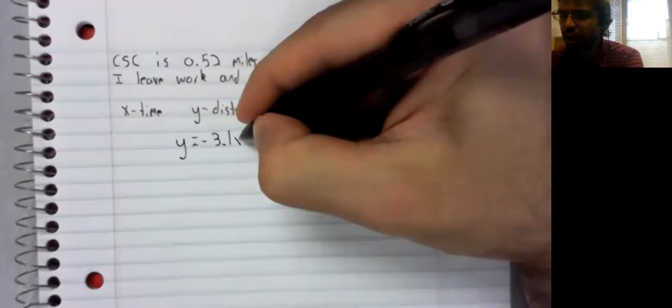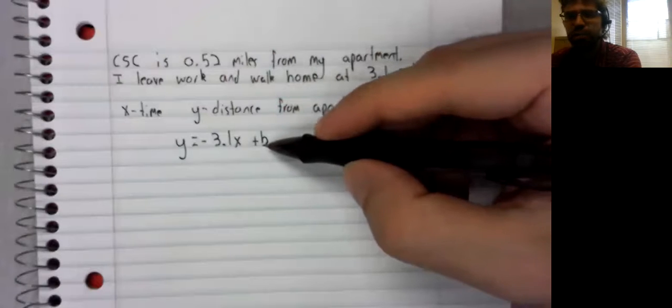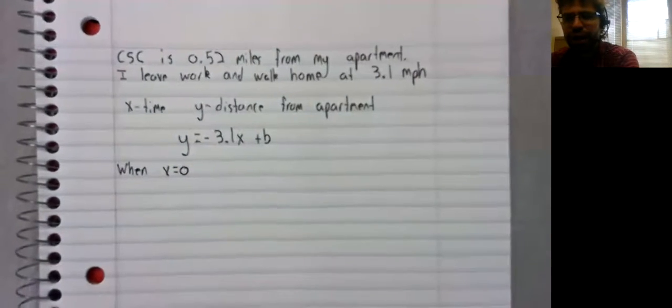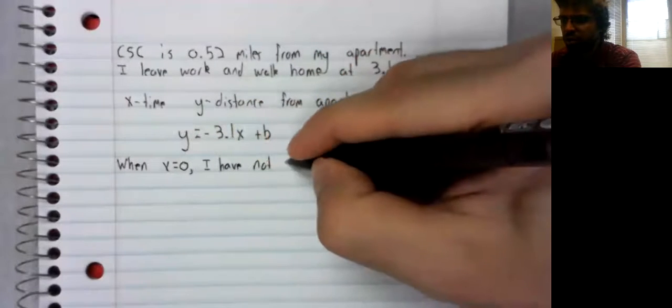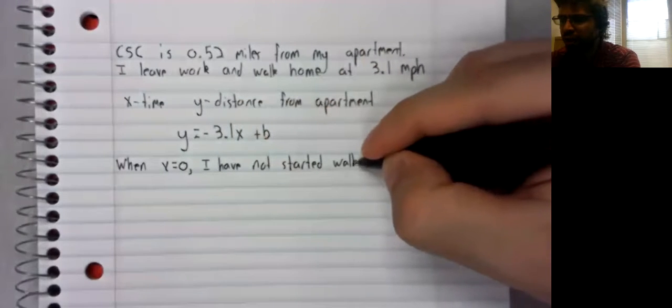y equals negative 3.1x plus b. And b is the value of y when x equals 0. So let's think about that. When x equals 0, I have not started walking.